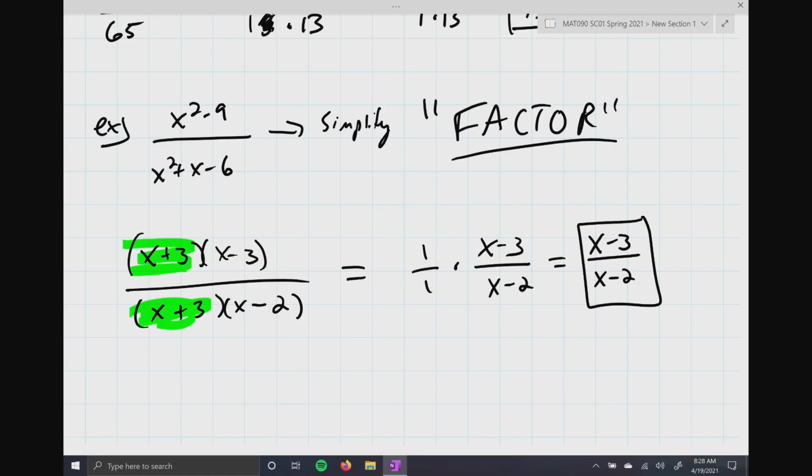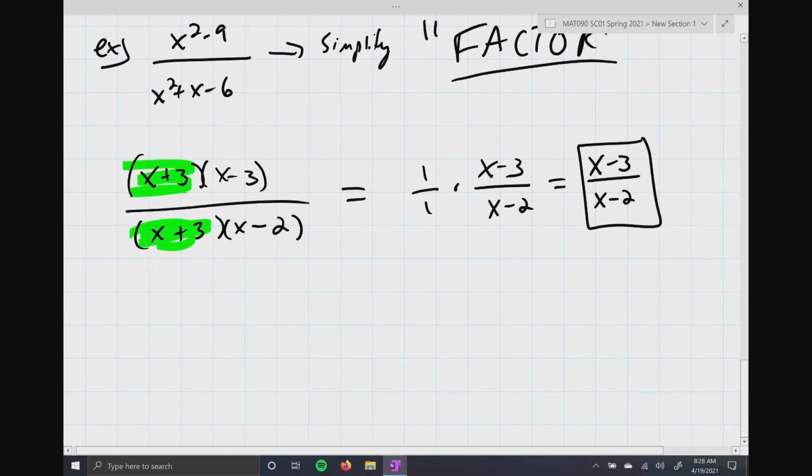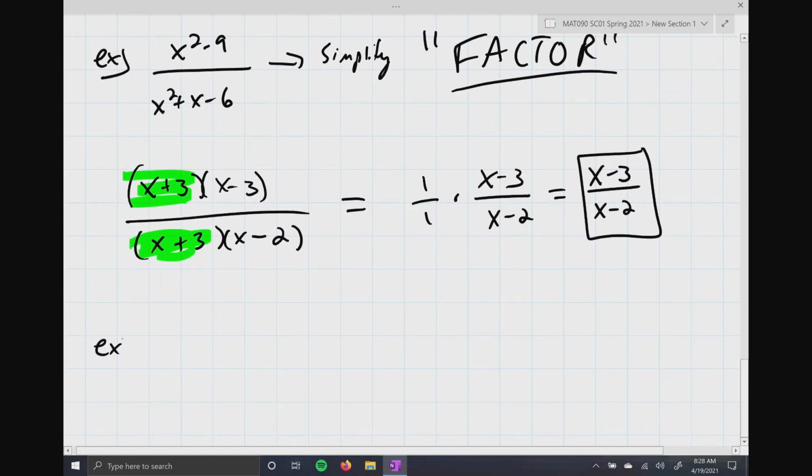All right, let's try another example where we're factoring. Five z to the fourth divided by 10z to the fifth minus 5z to the fourth.